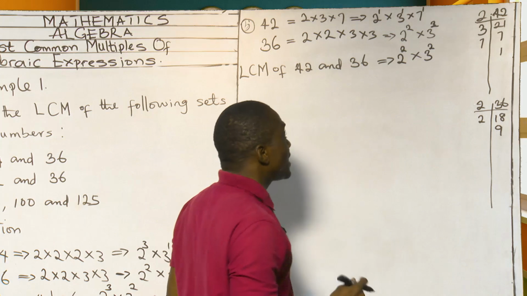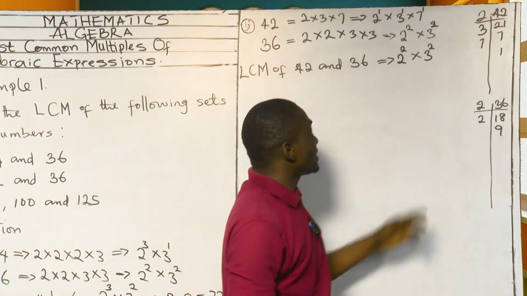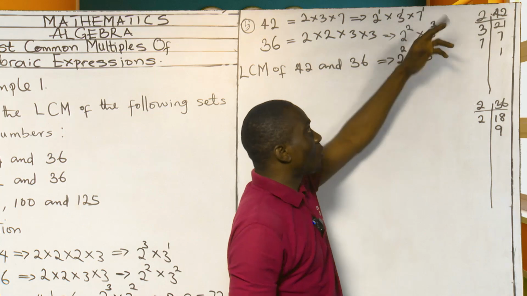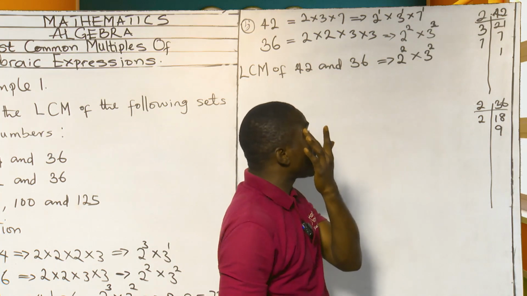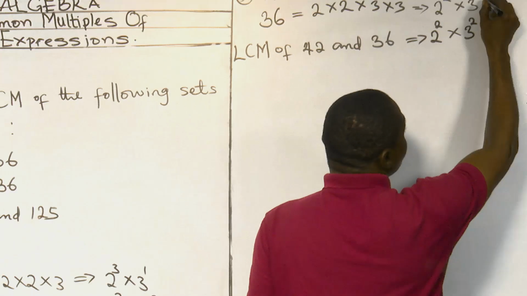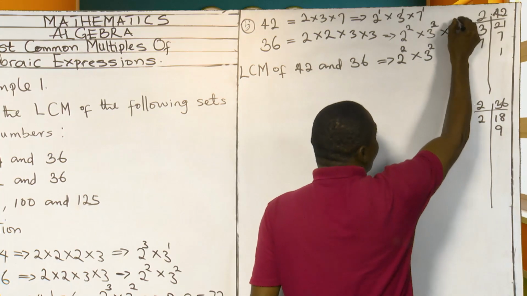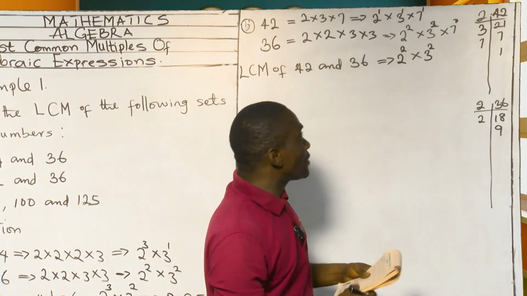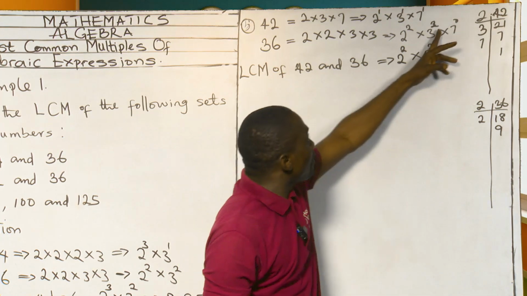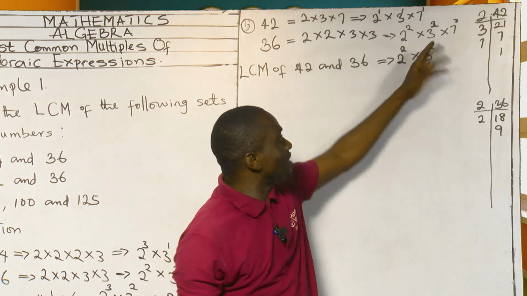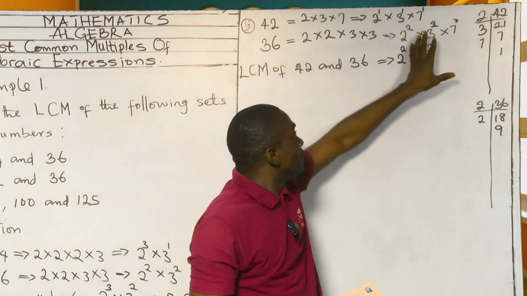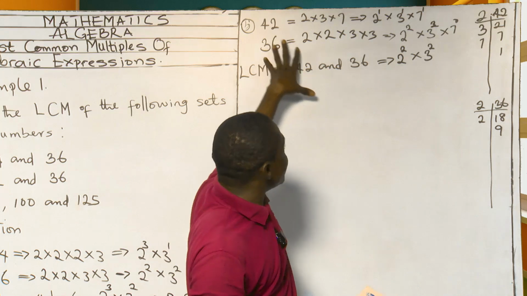The next thing we are writing is 7, which is 7 raised to 1. Why are we writing 7 raised to 1? Do we have 7 raised to something here? This could be like 7 raised to 0. 7 raised to 0 is 1, and that 1 multiplied by all this has not changed the value of this 36.